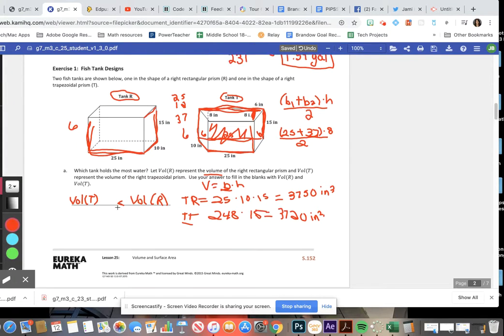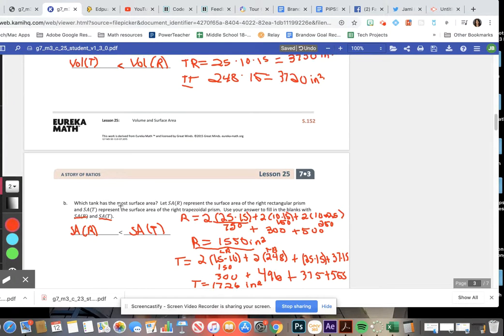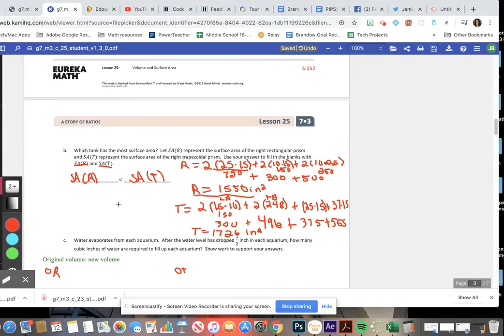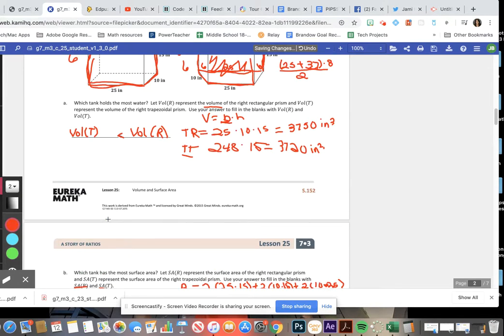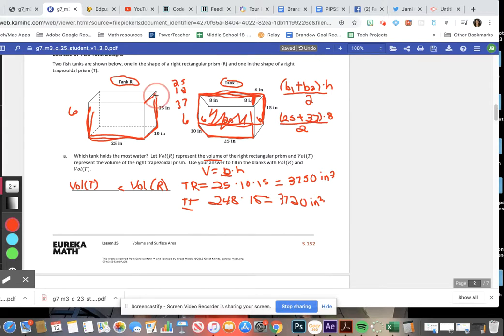Original volume on R is 3750 and 3720 on T. Those are going to be the original volumes, and I have to subtract the new volume, where each of those is half an inch shorter. So instead of it being 15 tall, it's going to be half an inch shorter.